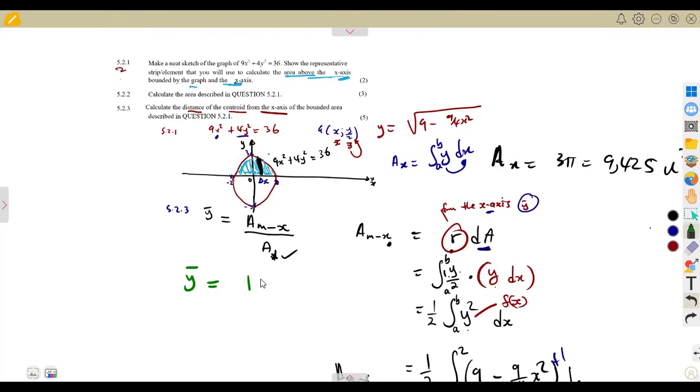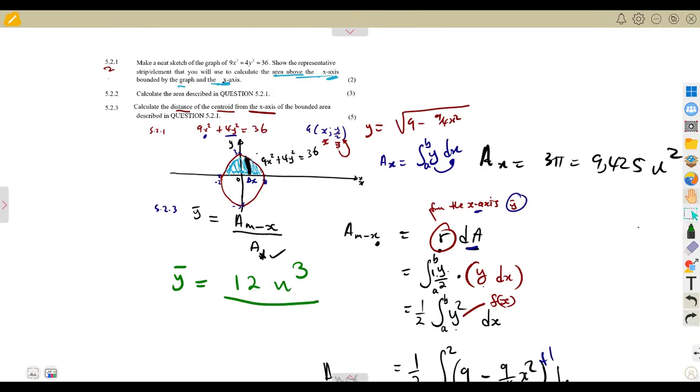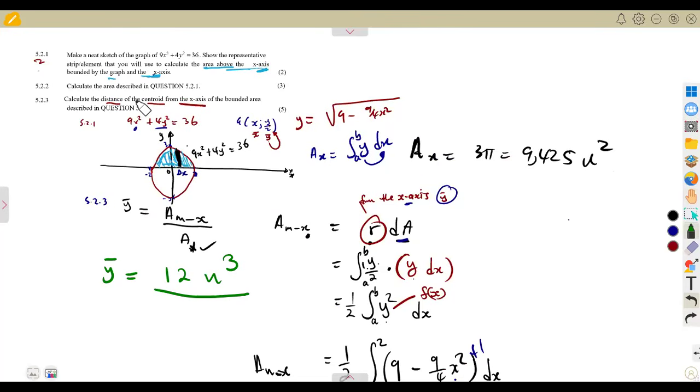So that will be 12 cubic units over the area, which is the one that we calculated previously. The area was calculated there.